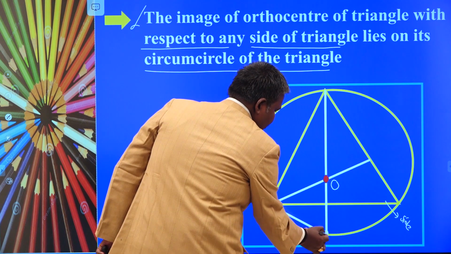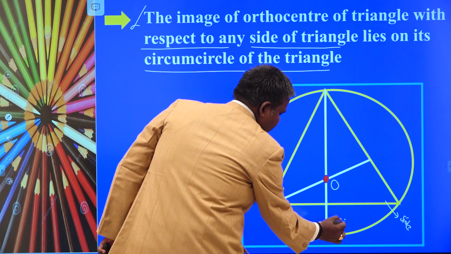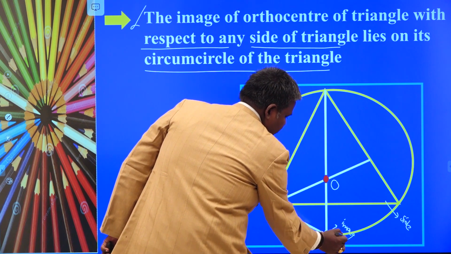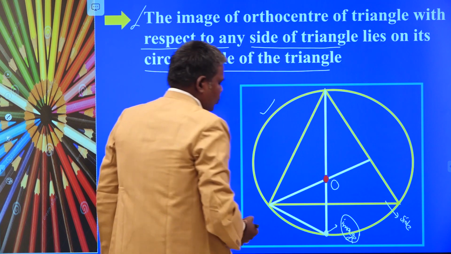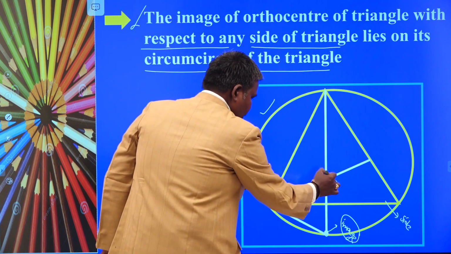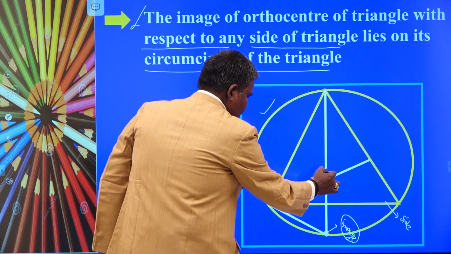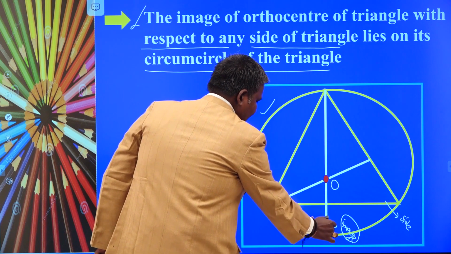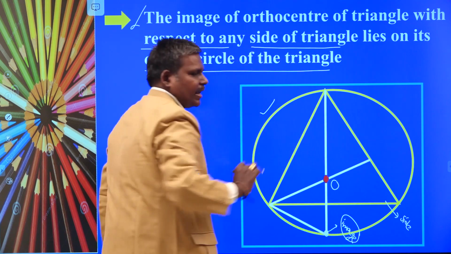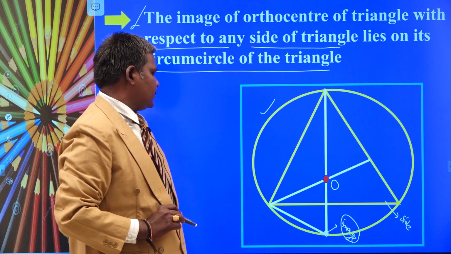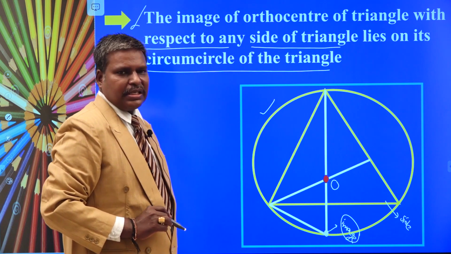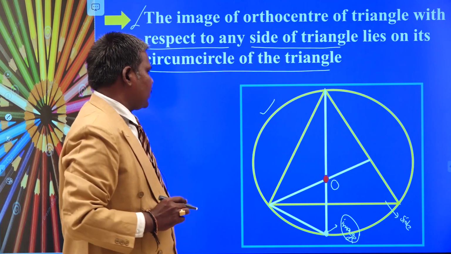This is the image. What are you going to show? You are going to show that the image of this point with respect to the line lies on the circumcircle of the triangle. That is your target. See the result. How to show this one?